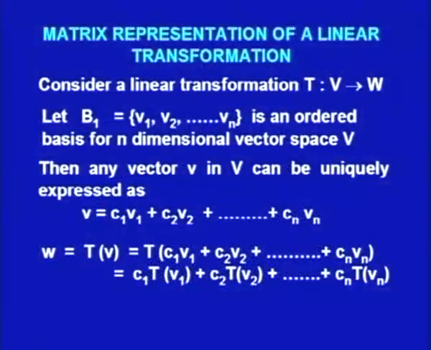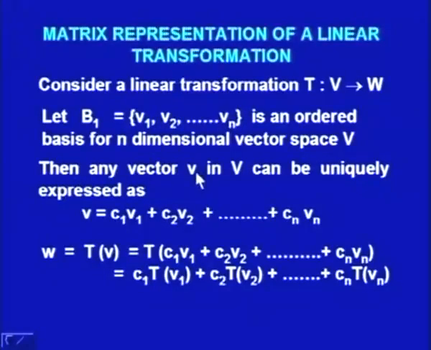Now, let us consider T is a linear transformation from the vector space V into W. Let B1 be an ordered basis for the vector space V, consisting of V1, V2, ..., Vn, an n-dimensional vector space.